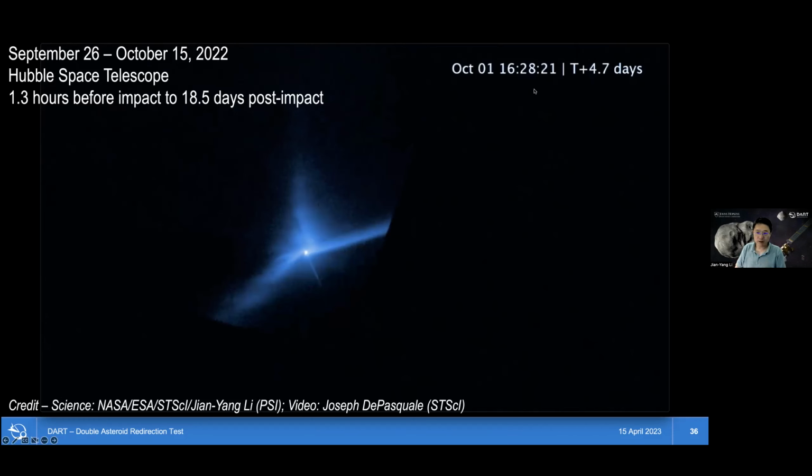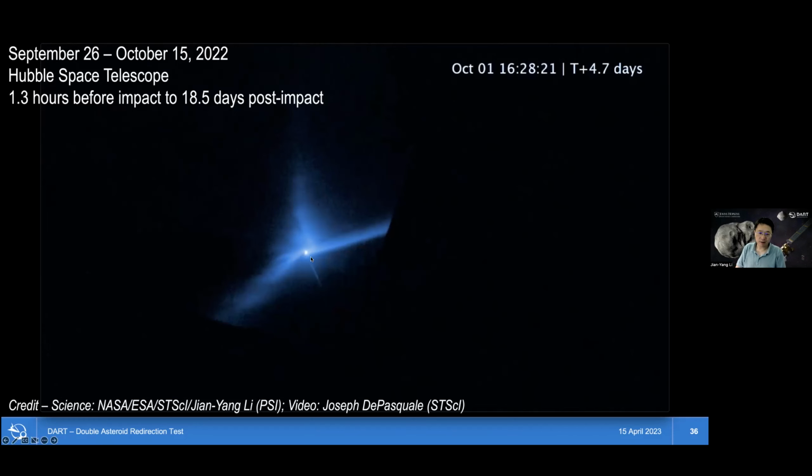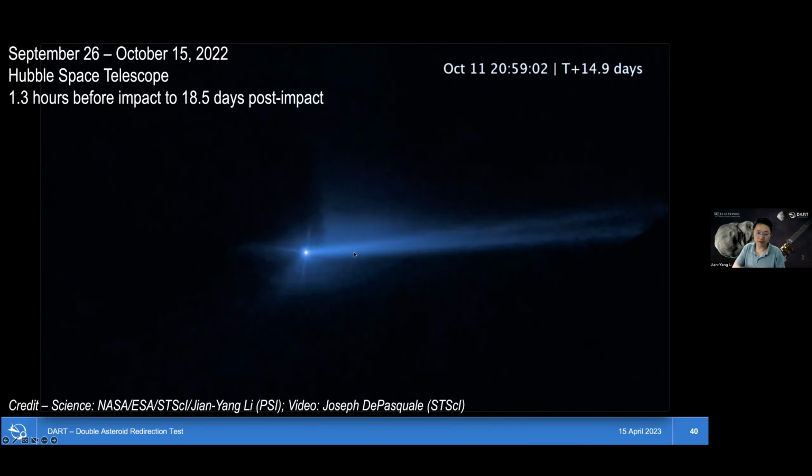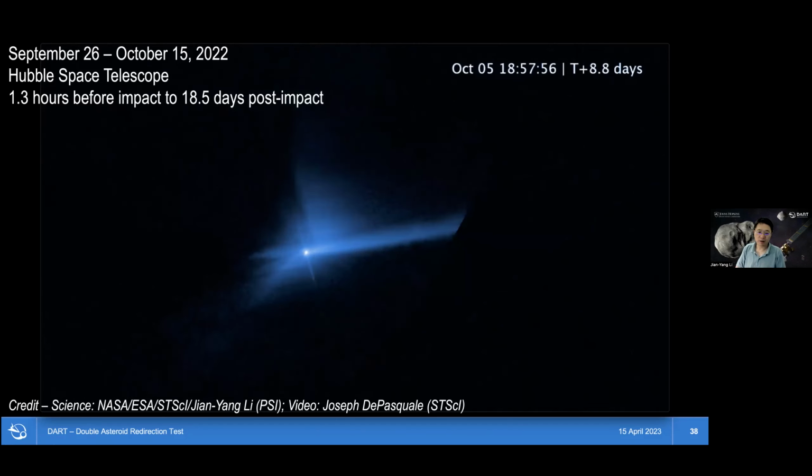If we move on, this is about 4.7 days after. What you see here is that all these features are shifted, pushed towards the tail direction. Everything was pushed towards the tail. This is also due to solar radiation pressure. Everything that comes out is pushed by sunlight towards the tail direction.